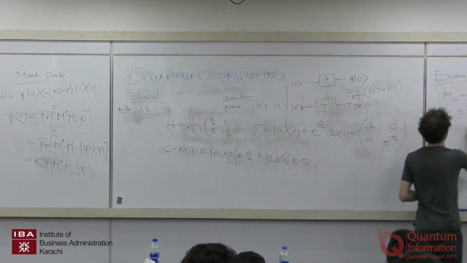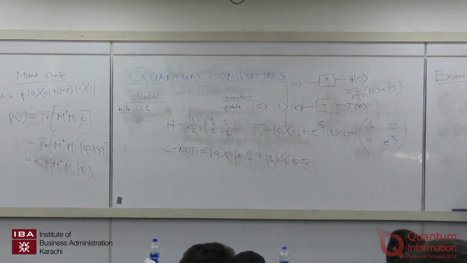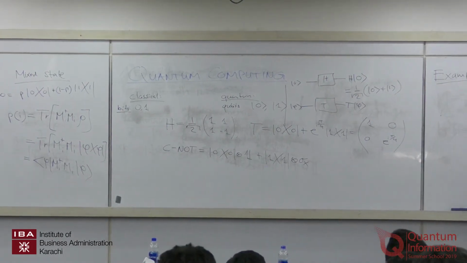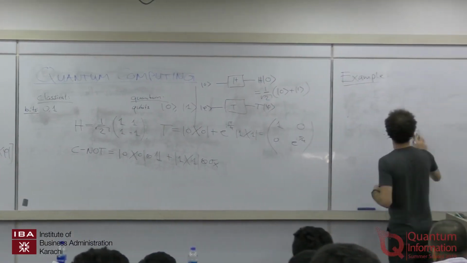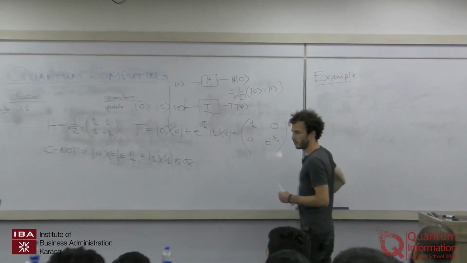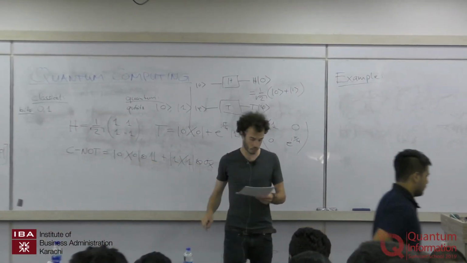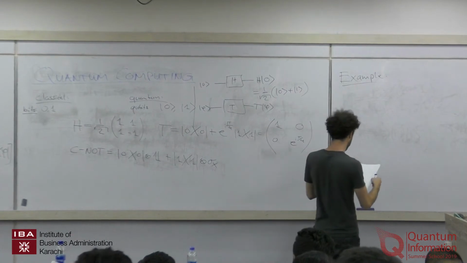And then for the CNOT or controlled NOT, it acts on 2 quantum systems, 2 qubits.